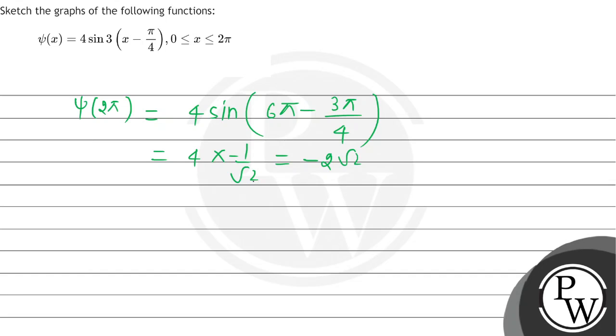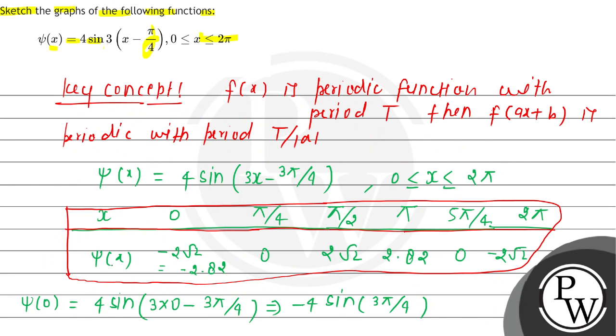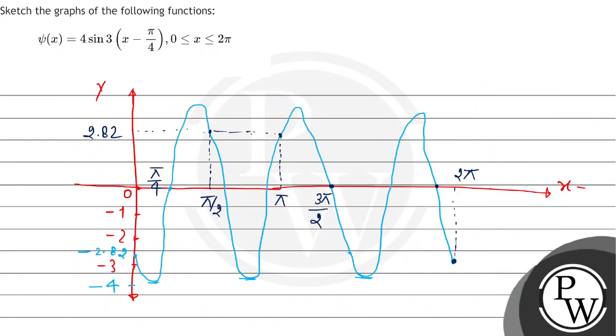So on the basis of these tables we have drawn this diagram. So initially the graph starts from x equal to 0.